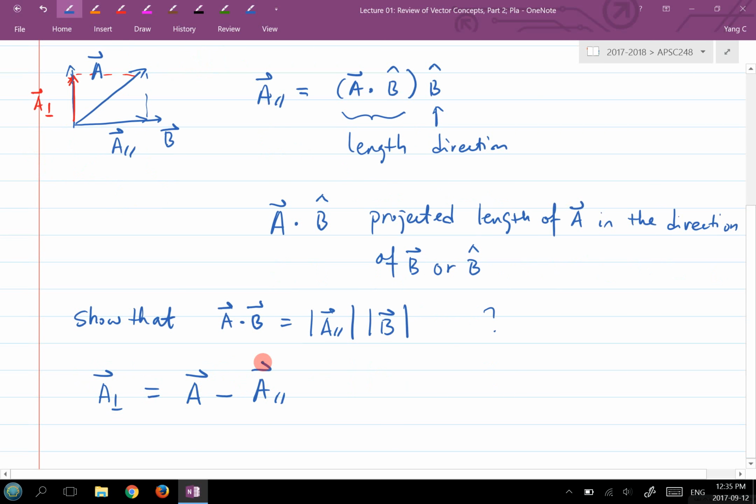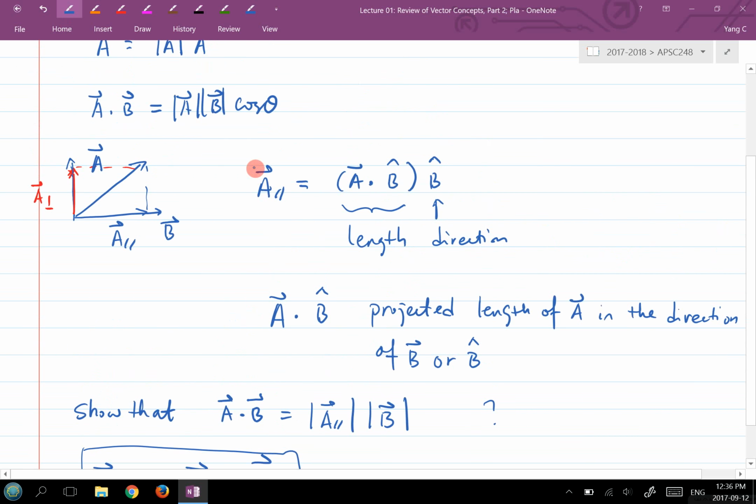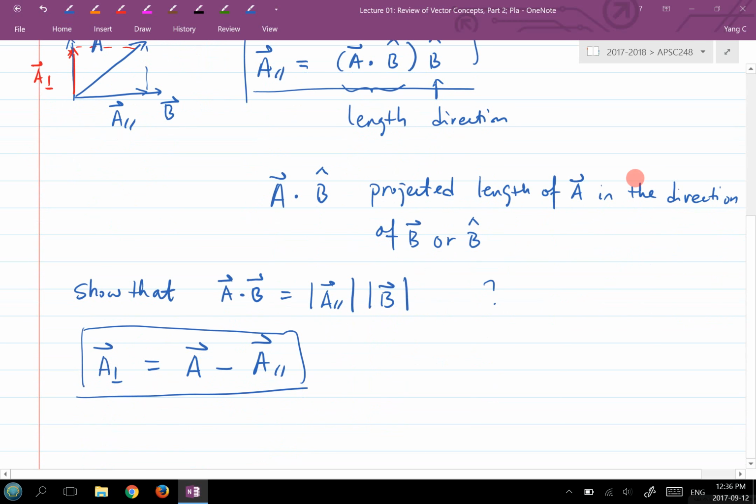You will see why this is useful, because you may need this information for further construction of a line or plane equation. You can't get this one easily or directly, so we get A parallel first and then obtain A perpendicular. That's the connection here. So this is one formula, and I'll show you how to use it later.